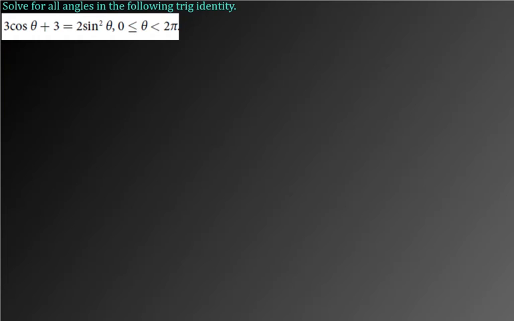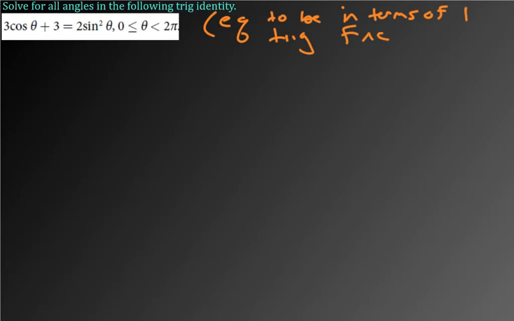Another common tip in these trig equations is to try to get your equation to be in terms of one trig function. That's a good tip for a lot of these. And it might seem weird how we could do that, right?